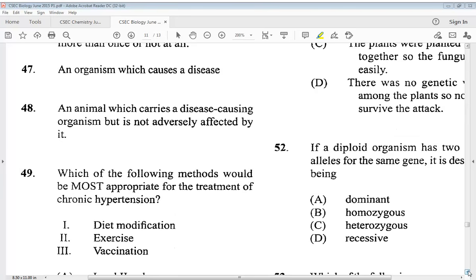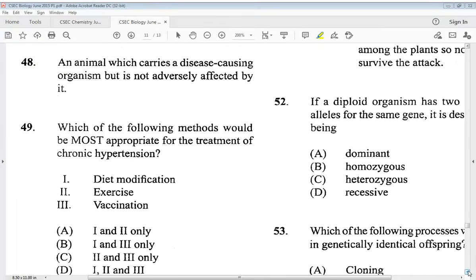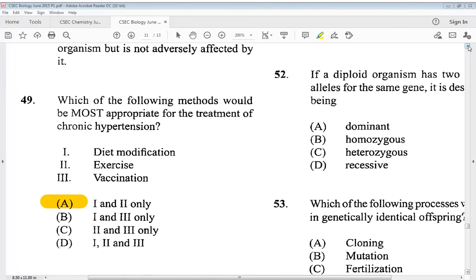Which of the following methods would be most appropriate for the treatment of chronic hypertension? 1, diet modification, 2, exercise, 3, vaccination. So is it A, 1 and 2 only, B, 1 and 3 only, C, 2 and 3 only, or D, 1, 2 and 3? So the answer is A, 1 and 2 only. Let's go to number 50.